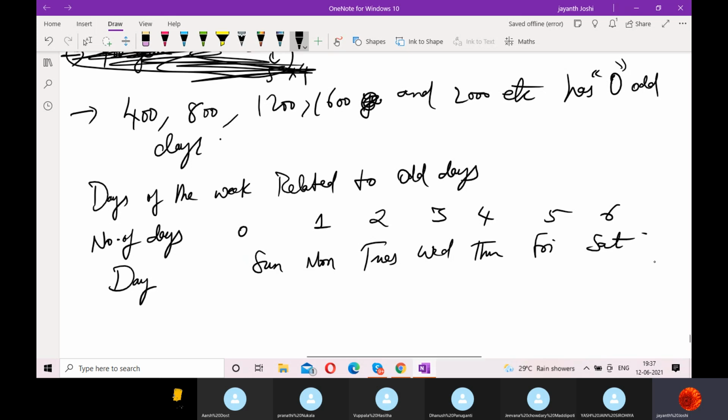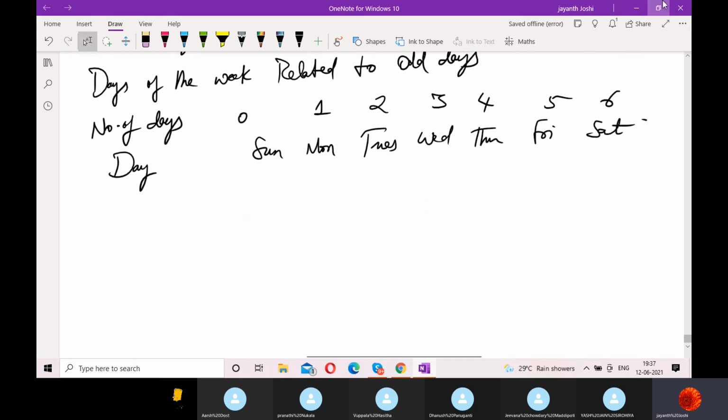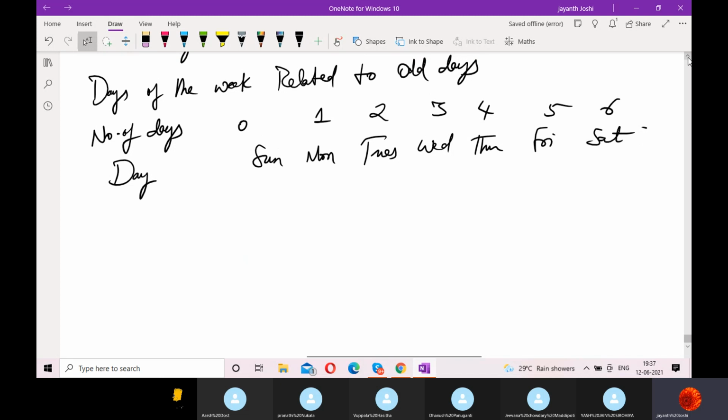After making note of all these things, now let's come to the question. How to solve a calendar question. All of you just give a small reading to that.